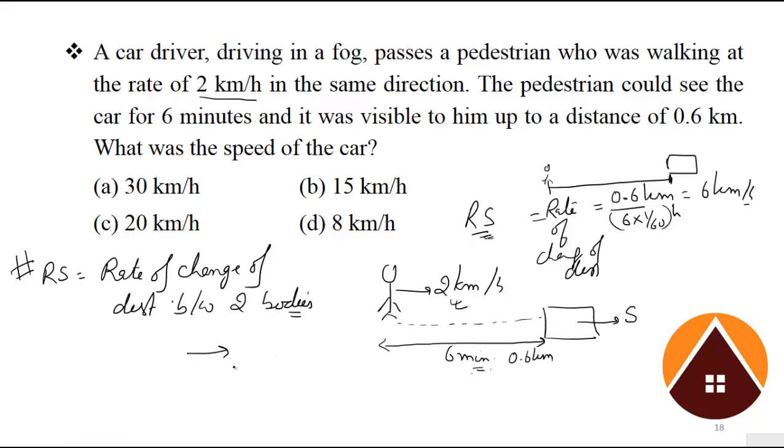And when two bodies are moving in the same direction, relative speed is the difference. So I can very well write here the relative speed will be speed of the car minus the speed of the pedestrian, which is equal to 6. So I get S as 8 km per hour. So my answer is 8 km per hour.